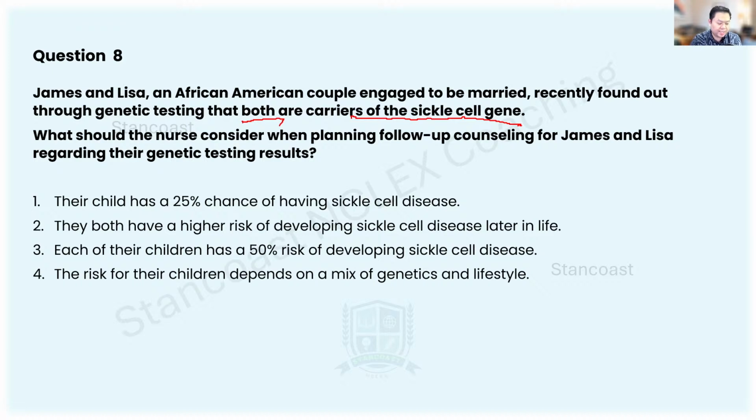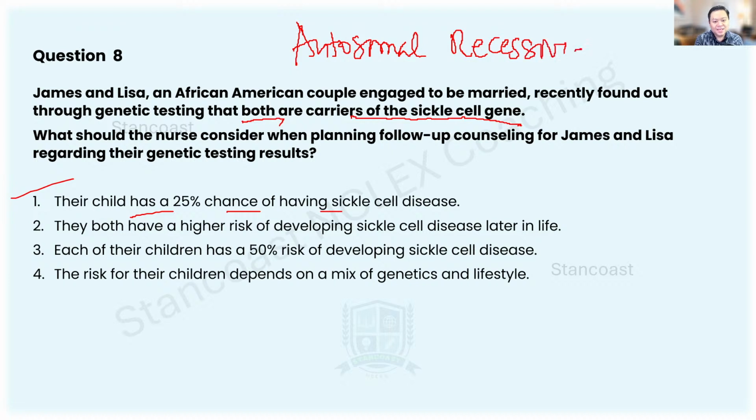Okay, good thing. I'm seeing 1 right now. So the correct answer here is 1. Their child has a 25% chance of having sickle cell disease, as we know that this is an autosomal recessive inheritance, which simply means that both parents are carriers.